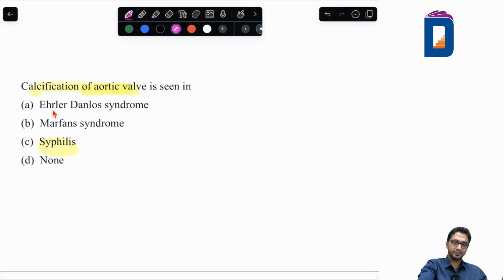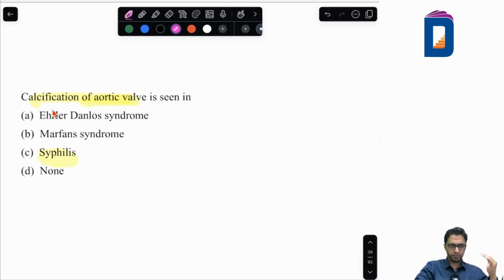Aortic aneurysm, very good. So please note, aortic aneurysm is also seen in the tertiary stage of syphilis. Aortitis and aortic aneurysm, you'll learn this.